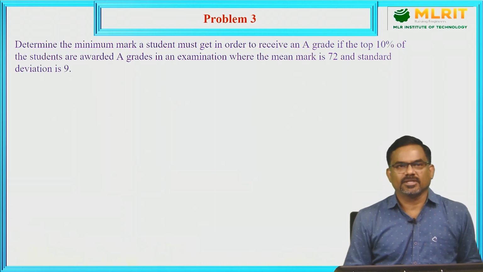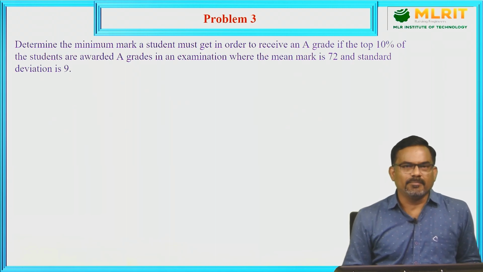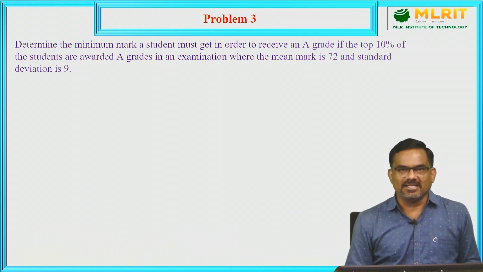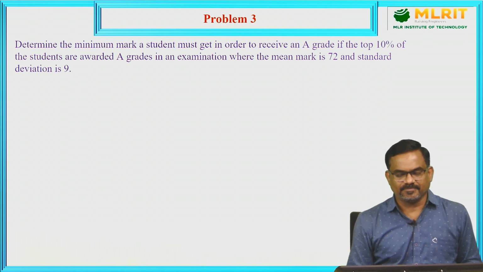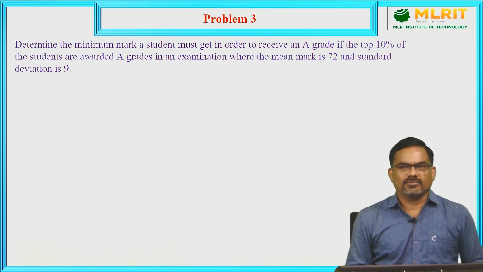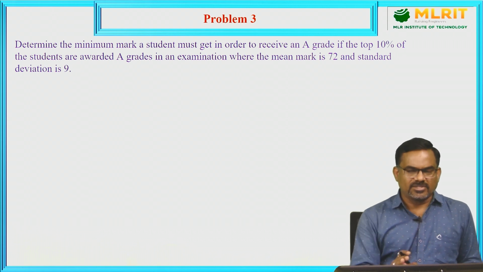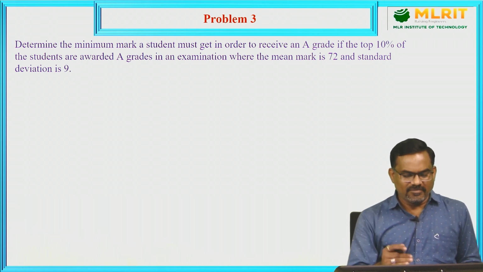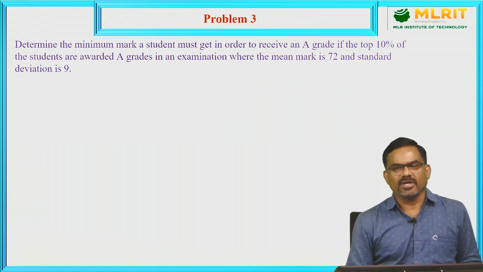Now coming to the next problem, determine the minimum mark a student must get in order to receive an A grade if the top 10% of the students are awarded A grades in an examination where the mean mark is 72 and standard deviation is 9. So first thing is to read the question properly, try to understand the given question, write the given data, and what is the required one to calculate.